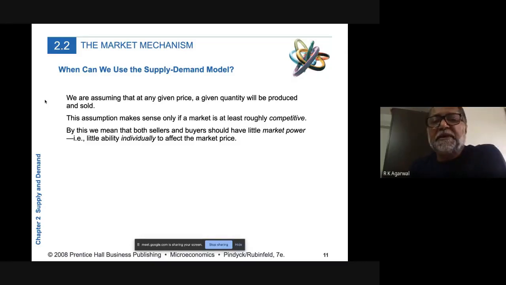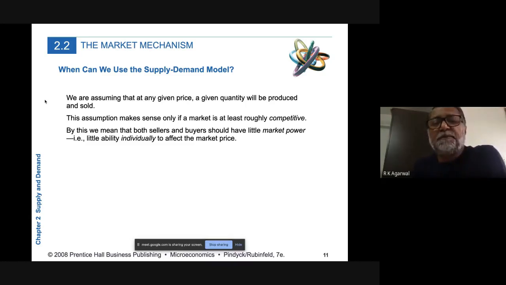So remember this, which I said a little while ago, that initially if there is disequilibrium in the market, then the market will have a tendency to go back to equilibrium provided prices are allowed to change. And prices will change only if the market is competitive.